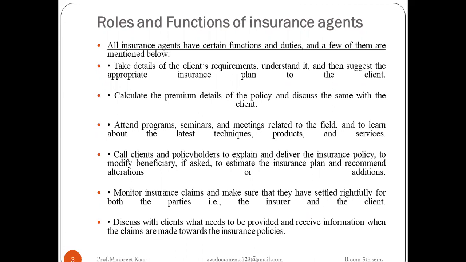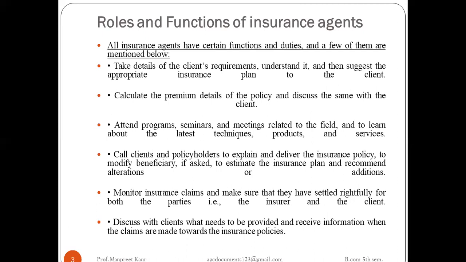The second one is the calculation of premium detail. If proper plans are formed and a contract is formed, then for starting these plans and policies, a proper amount of premium is paid by the individual or client who opts for any kind of insurance policy.